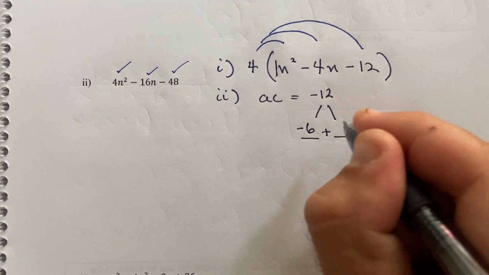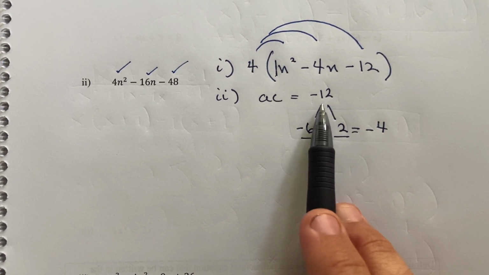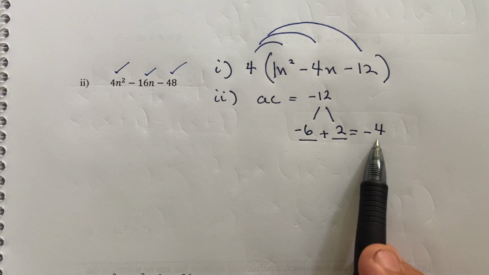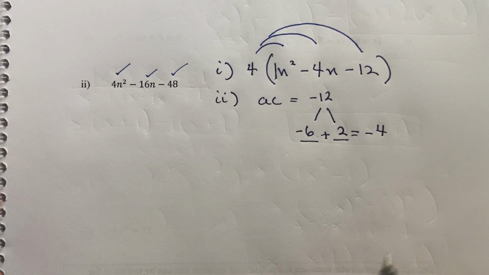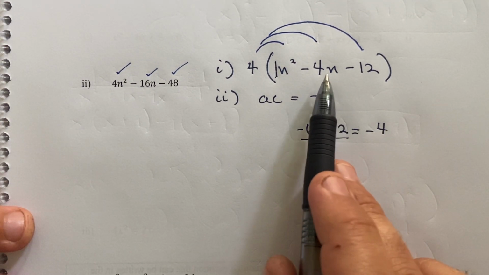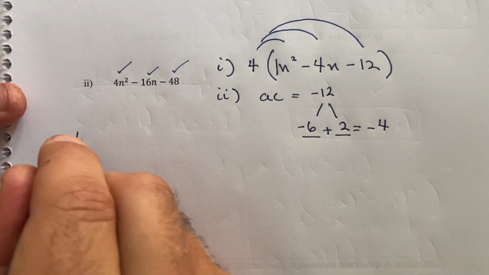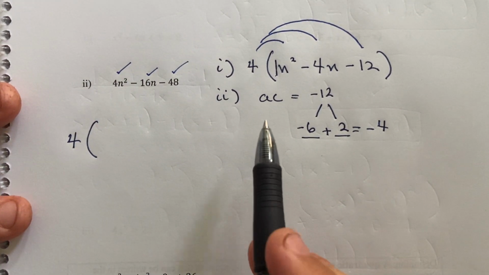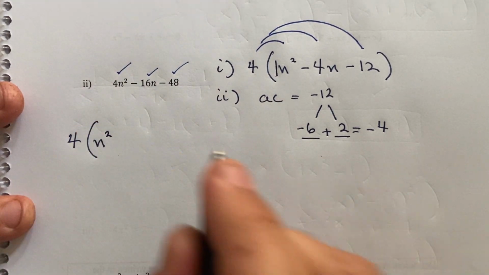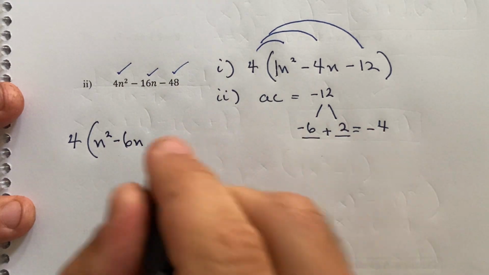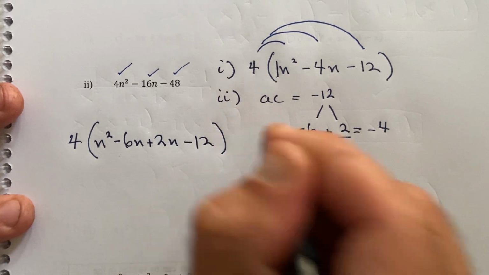Negative 6 and 2 works. Negative 6 times 2 is negative 12, and negative 6 plus 2 is negative 4. That means this trinomial factors, and we use these numbers as coefficients on b. So we'll have 4, don't forget that 4 is out front, and then n squared minus 6n plus 2n minus 12.